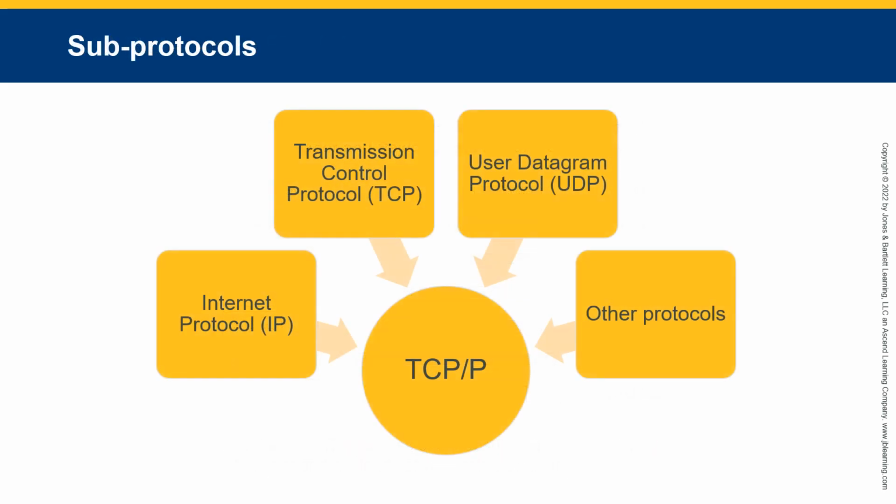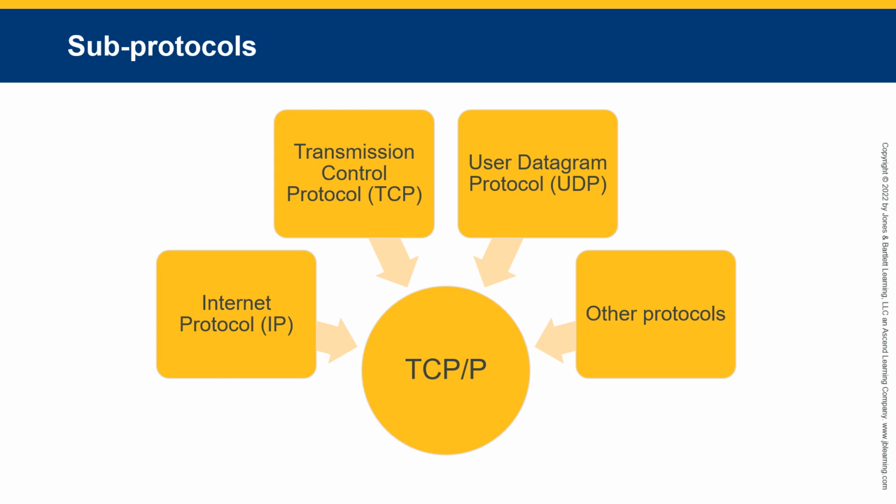As we move on from the OSI model, we look at some of the different subprotocols. TCP/IP somewhat aligns with the OSI model, but we have other things on here. So subprotocols of TCP/IP are the IP and Transmission Control Protocol. Also within TCP/IP is the User Datagram Protocol.